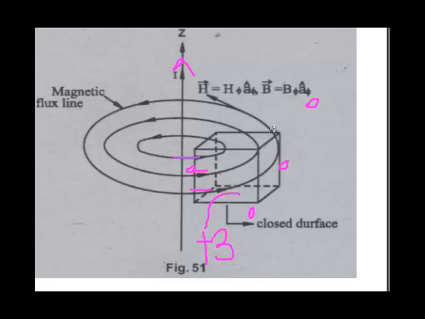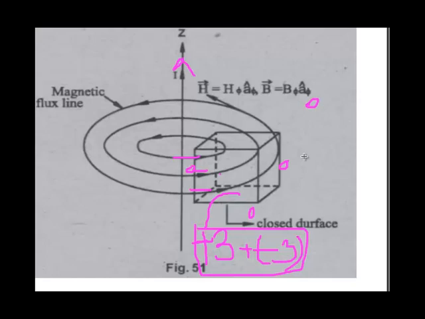For entering we have taken a positive sign, so for leaving we have to take a negative sign. So the total flux present in the box is plus 3 minus 3. We have to add all the flux lines crossing the surface.